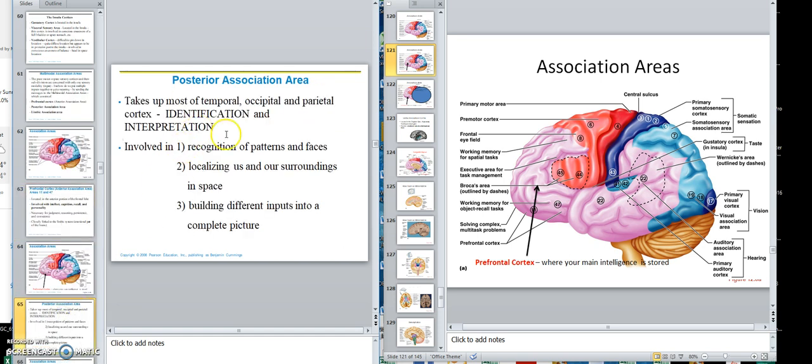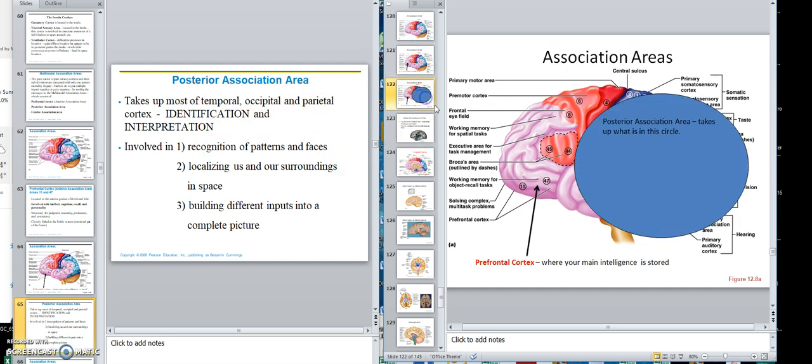Posterior association area takes up most of the temporal, occipital, and parietal cortex. Identification and interpretation. So back here, this is where identification and interpretation from all the areas, your senses that are involved, would go.